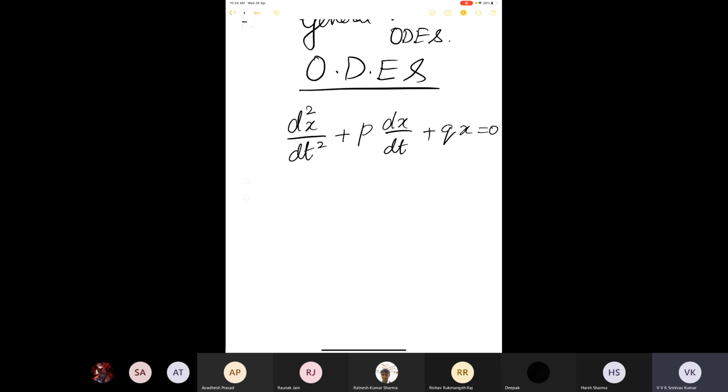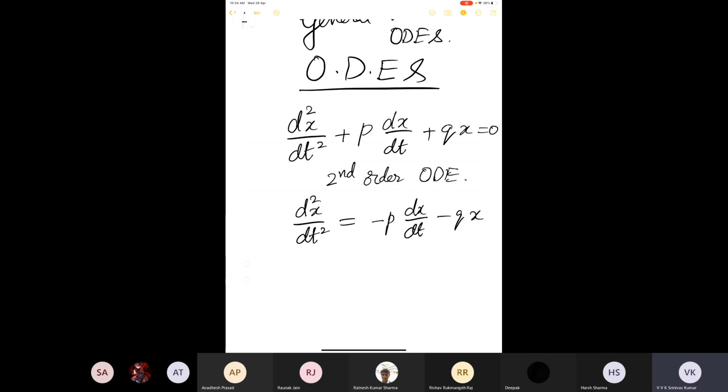The second order ODE. We can always write this as minus p dx upon dt minus qx. So x is now the unknown function.